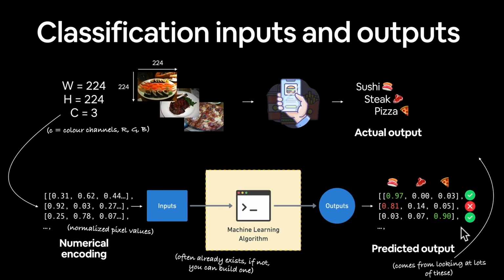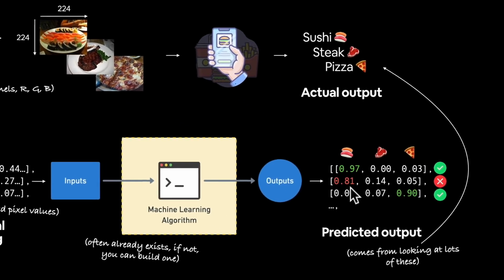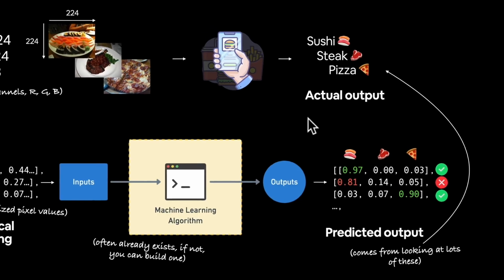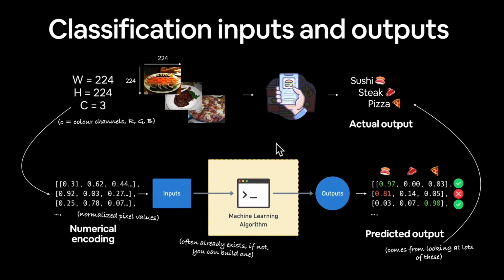So if we wanted our machine learning algorithm to be able to create predicted outputs like this, perhaps we can show it lots of different examples of images and their ideal output. Okay, so this is the premise of neural network or machine learning classification.